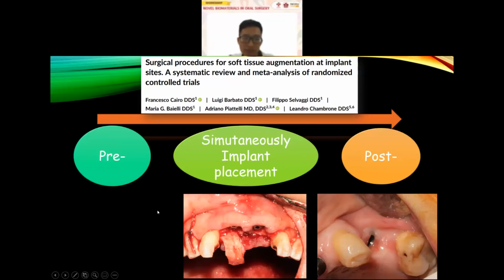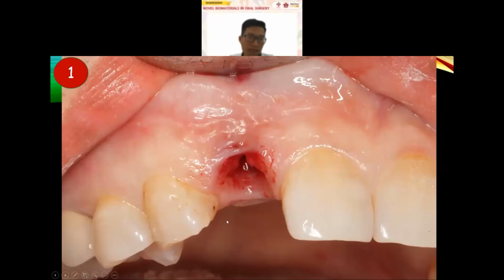Honestly, in my practice, I very much like making soft tissue wrapping in comparison to making hard tissue, and maybe I like to make the soft and hard tissue at the same time. So let me show you some cases.